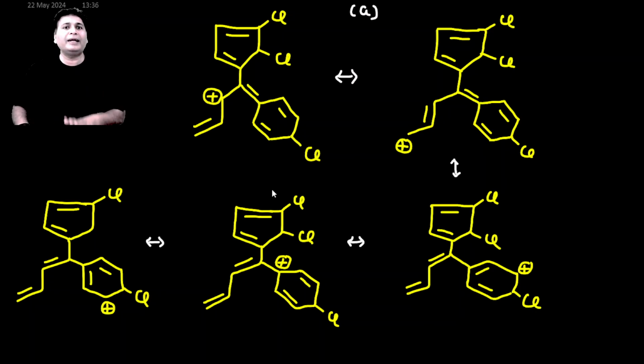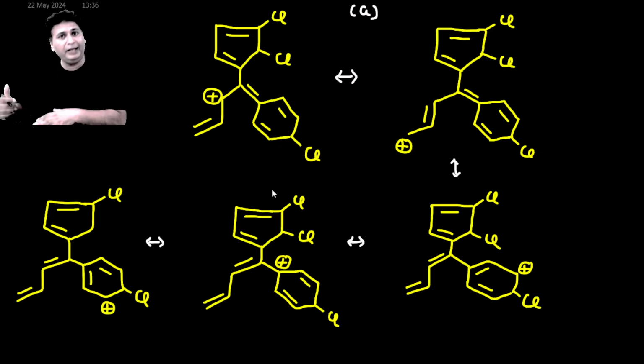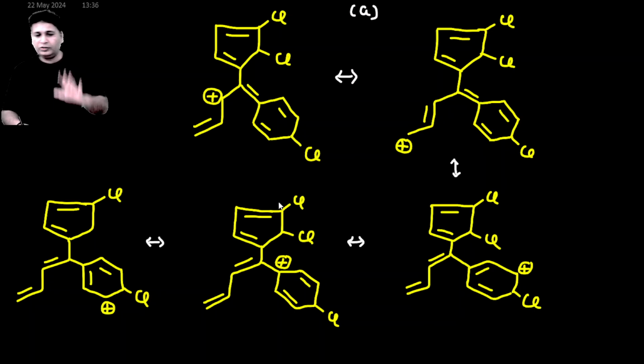So this carbocation is fair enough stable, okay, but we have to make a comparison because we have just taken the Cl number A out. Now we will take B out, C, then D, then we'll compare all the 4 carbocations, and then we'll decide which is going to be the best carbocation. Okay, so this was the case A, 5 resonating structures.